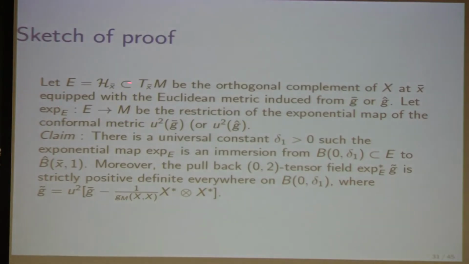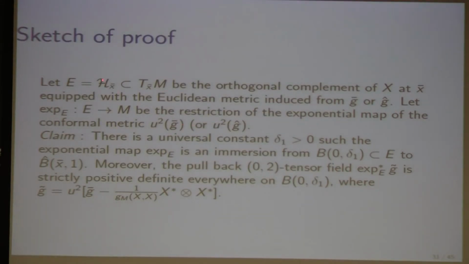So now we consider an exponential map. Actually, this exponential map is of the metric. You can take it to be the exponential map of this metric G bar, conformally changed by function U squared, or this one. So this is not really the exponential map.